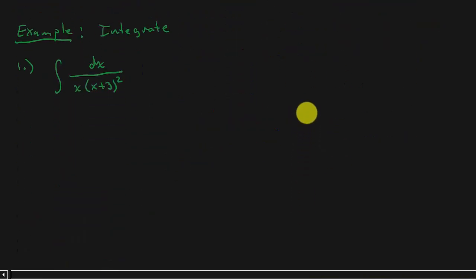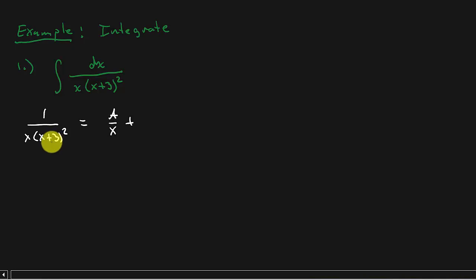So let's take a look. So let's write it out. We got 1 over x times x plus 3 squared. So we got the single linear factor here, 1 over x. A over x plus. Now notice here, I've got 2 of them. I got x plus 3.